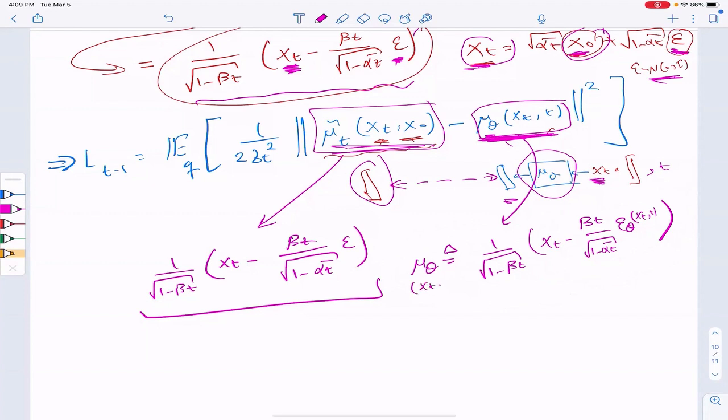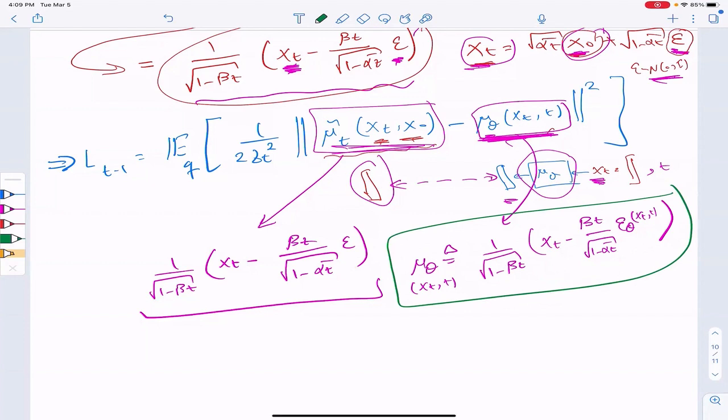Mu theta of xt and t. So I'm defining my mu theta. Mu theta is my design choice, right? Maybe instead of saying it is just a neural network, I'm going to say it is in this particular form. There's a neural network here, but I'm going to multiply it with a magic constant.